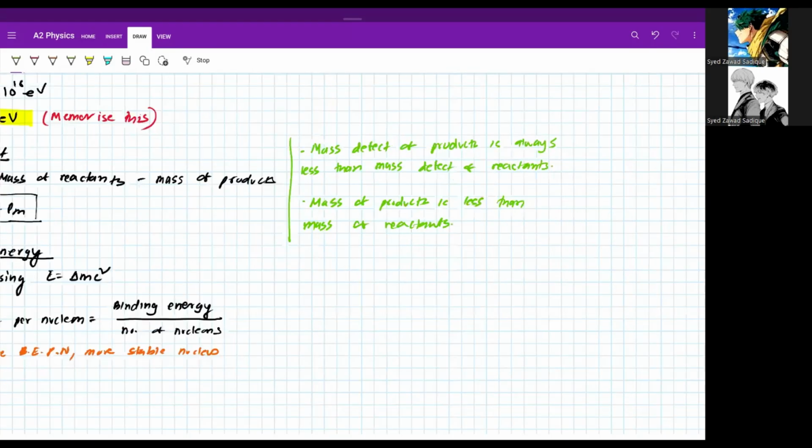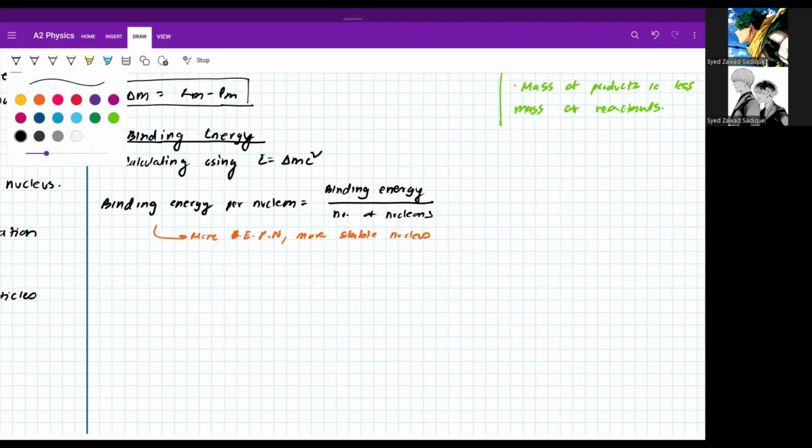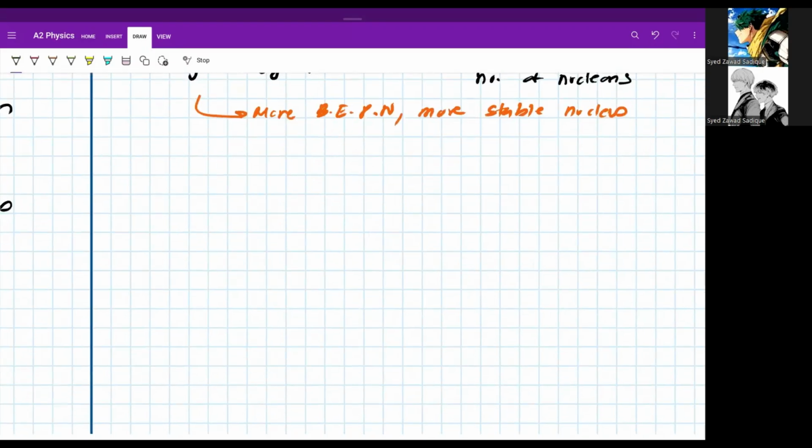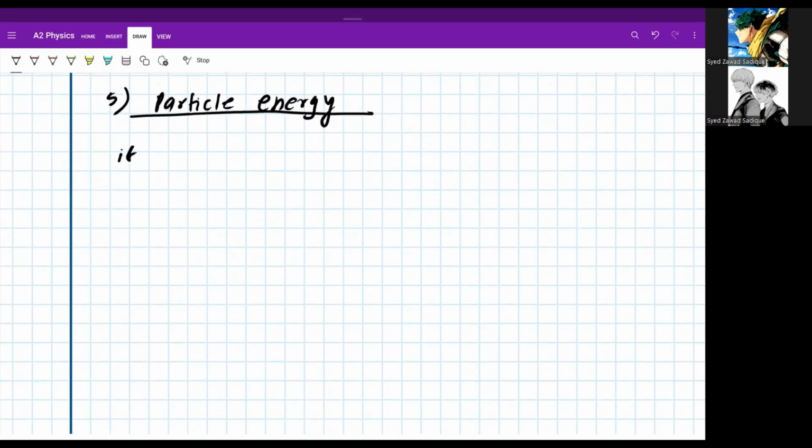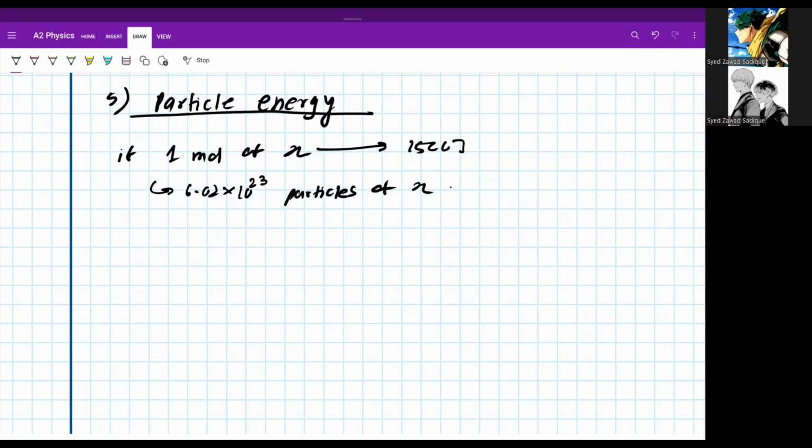All right. So our next concept is particle energy. Particle energy is, if 1 mole of X is 1500 joules, then 6.02 times 10 to the power 23 particles of X has 1500 joules.